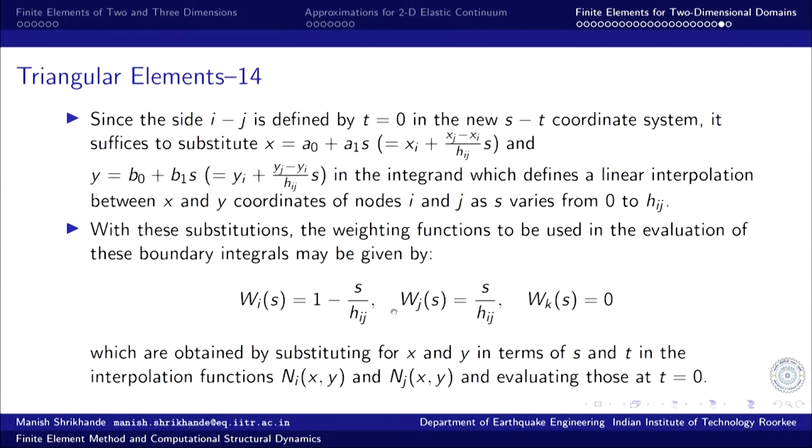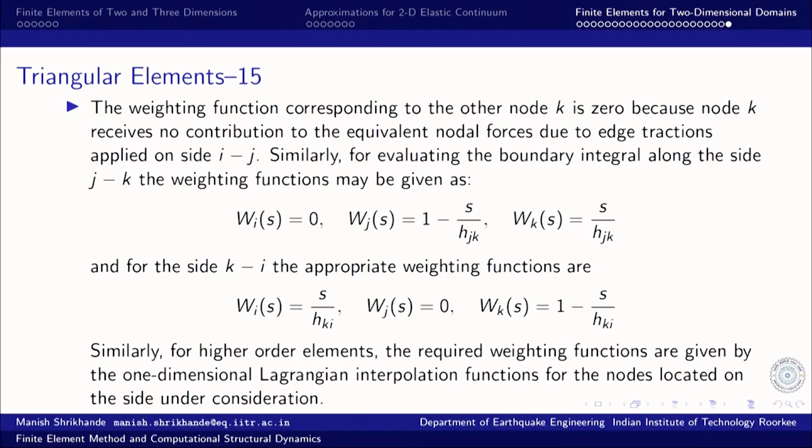So, these are the two interpolations. n I and n j can be replaced by w I as a function of s and w j as a function of s, and these can be used for evaluating. So, the boundary term now only needs to be evaluated with respect to one variable s, and that can be integrated very easily, analytically or numerically using quadrature rules, and the equations can be solved.